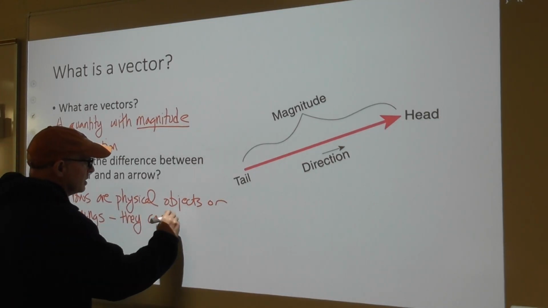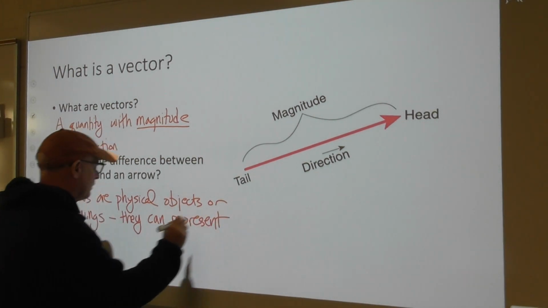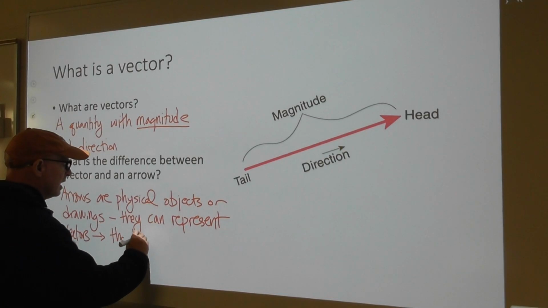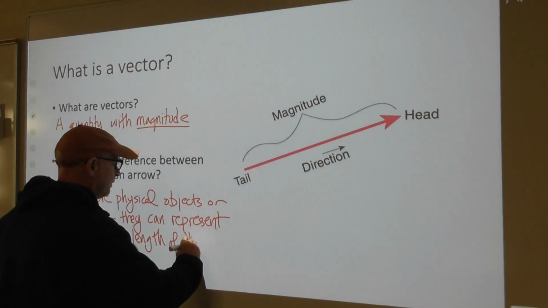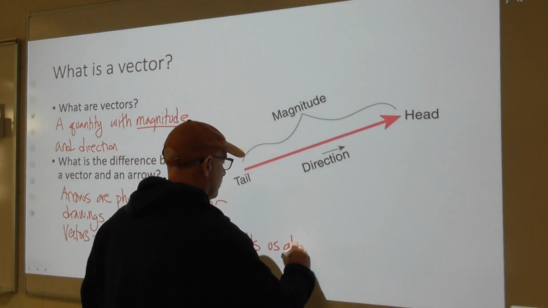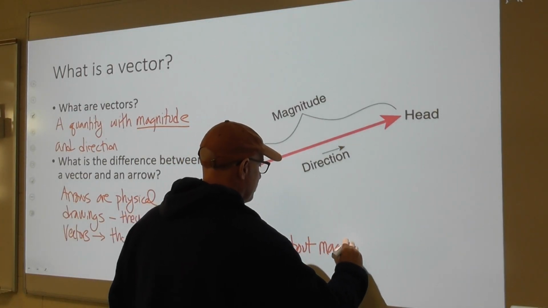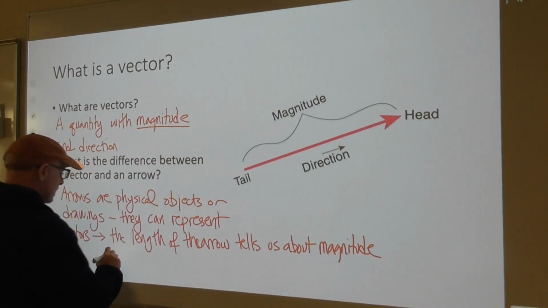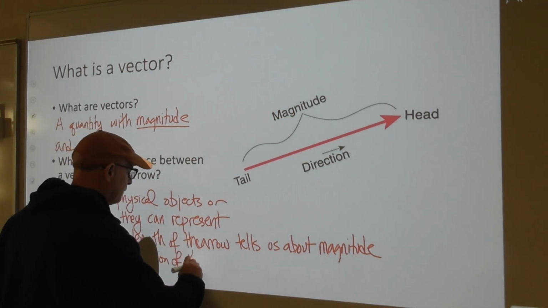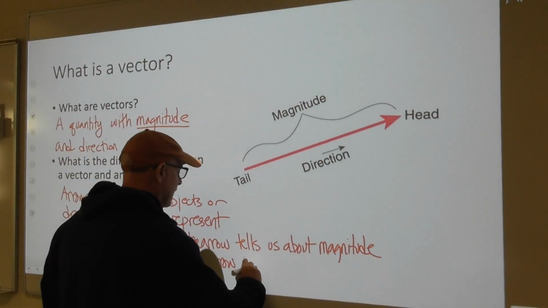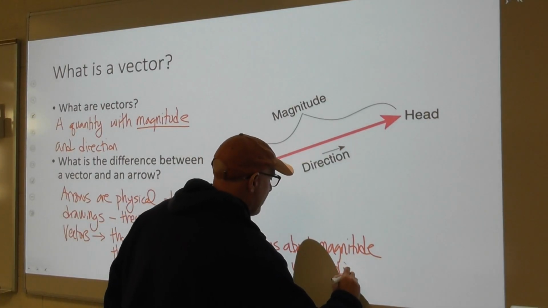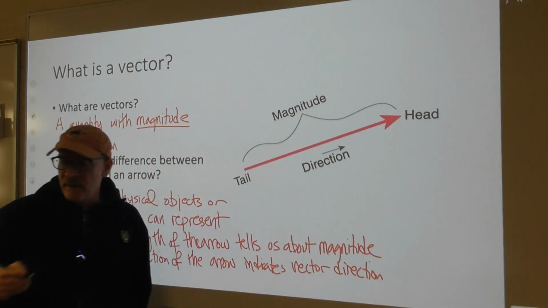They can represent vectors: the length of the arrow tells us about the magnitude, and the direction of the arrow indicates the vector direction. But arrows aren't vectors, and vectors aren't arrows.